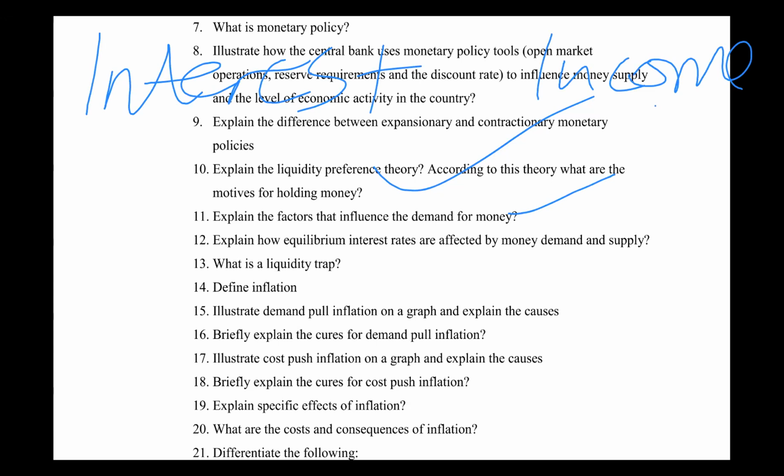So the more income you have, the more demand you have for hoarding money. Is that clear? When you have more money, you'd be willing to hold more money. That is according to Keynes. It's a theory. The factors that influence the demand for money, number one, we have income. It's a determinant.